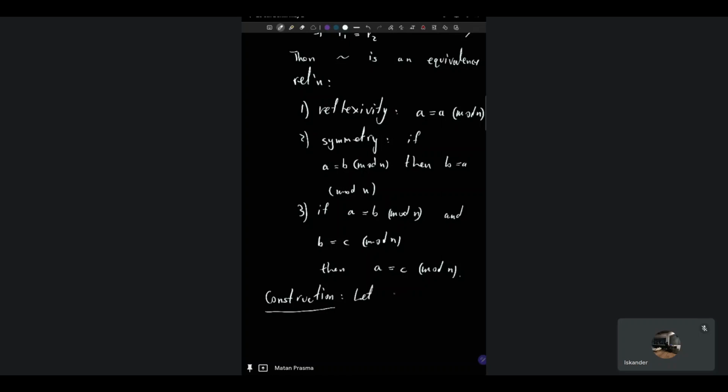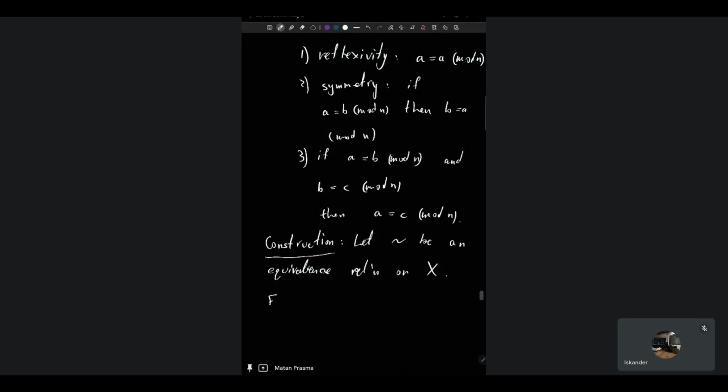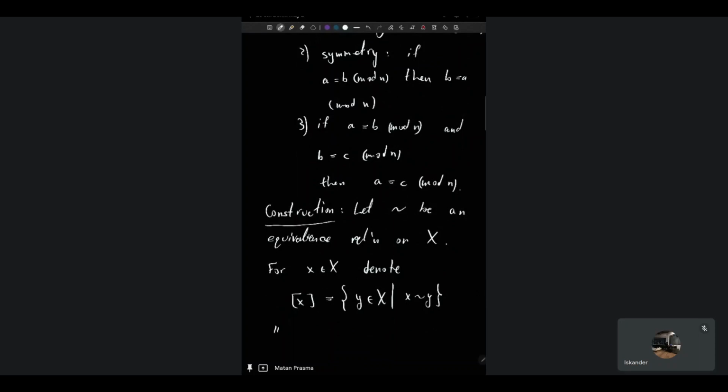Let tilde be an equivalence relation on X. For an element X in X, denote bracket X as the set of all elements Y in X such that X is equivalent to Y. This is called the equivalence class of X.